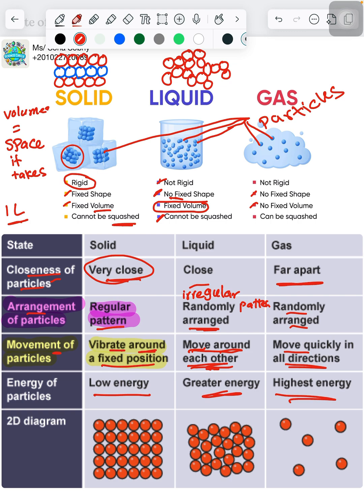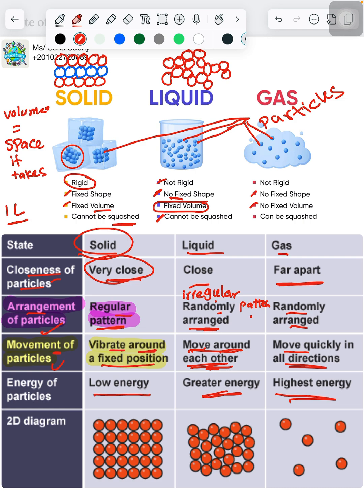So again, what's important here, and the examiner will ask you about it, is the arrangement of particles in each state and the movement of particles in each state. So please don't forget them. Solids have a regular pattern. Particles of liquid have a randomly arranged pattern.